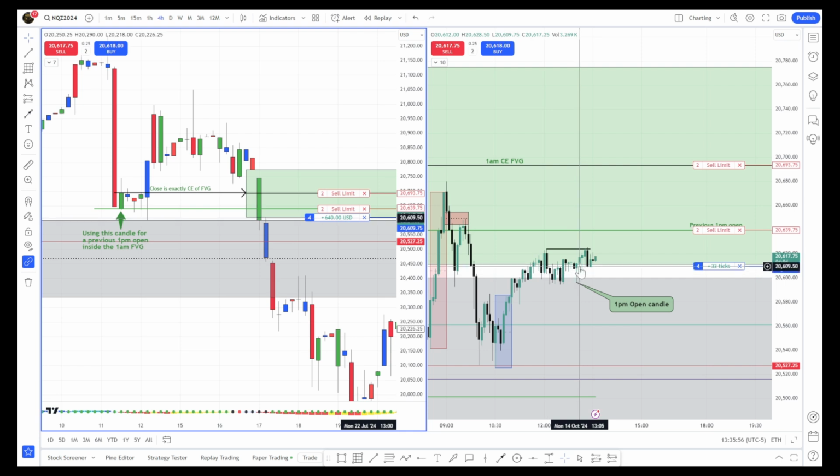All right, so we took out this high, and now we have 1, 2, 3, 4, 5, 6. It's been 30 minutes since that high was put in. So we need to see something with this candle.